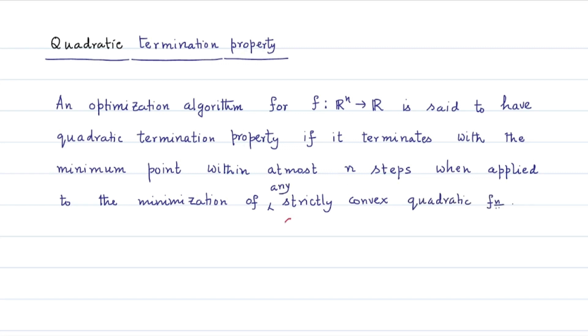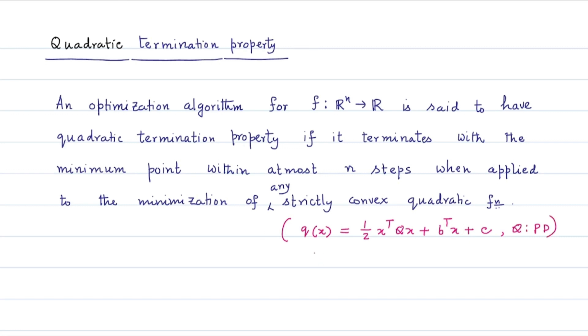That is, when the optimization algorithm is applied on a function having the expression of the type x transpose Qx plus some vector b transpose x plus some constant c, where Q is a positive definite matrix.